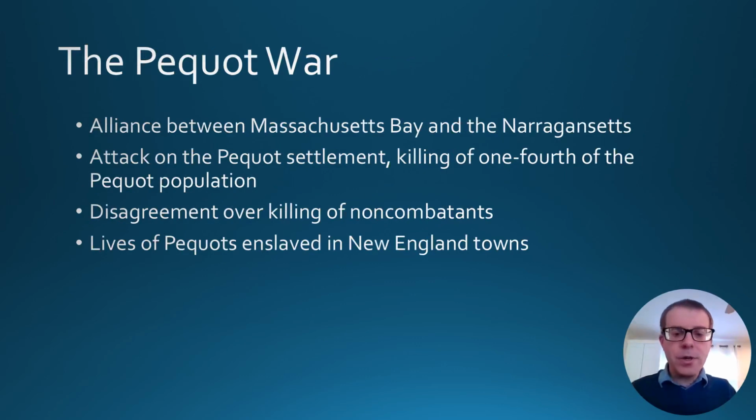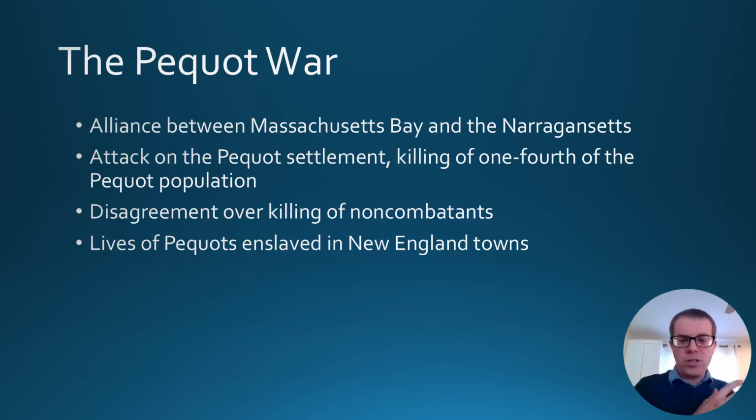So Plymouth Colony eventually merges with the colony of Massachusetts Bay, and this unified colony engages in significant colonialism against local native populations, and seeks to expand Massachusetts Bay Colony. And they get involved in local native politics, like most colonial powers do.